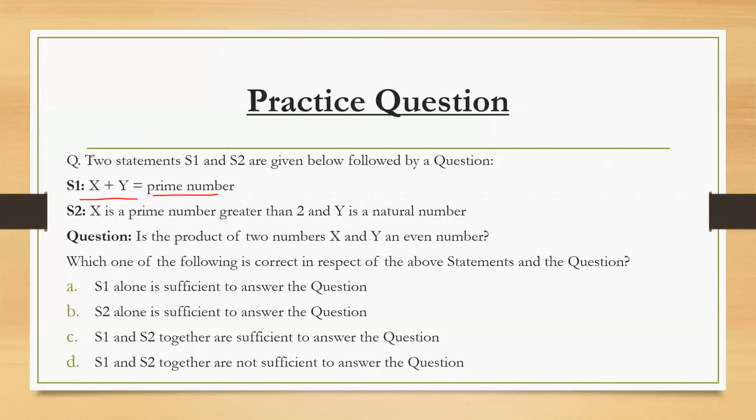I can have 1, 2. That means 1 plus 2 is 3, which is a prime number. Similarly, here I can have other values also, right? X could be what? 2 and 3, which is again 5. So here the question asked is the product of two numbers, that is x and y, is it an even number?